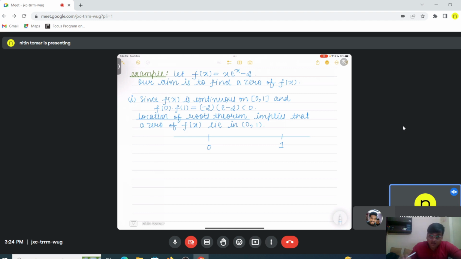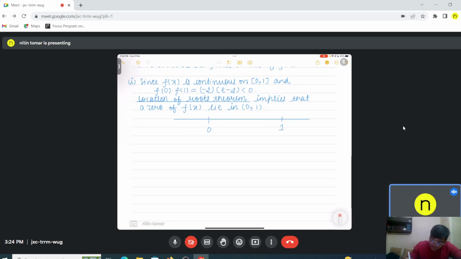Okay. Now can we shorten this interval? Can we cut down the length of this interval? So what do we do? We check at the midpoint of this. The midpoint is half. So what is the value of f of half?